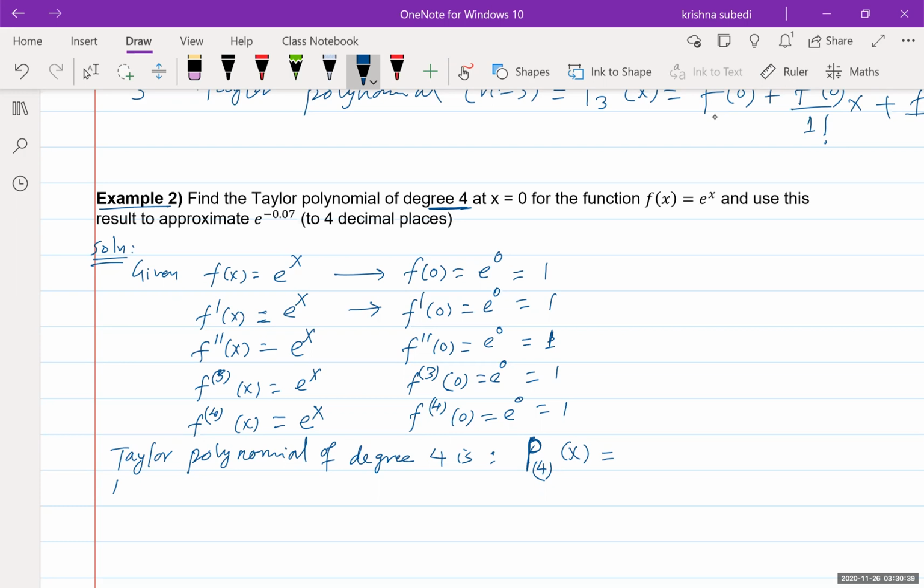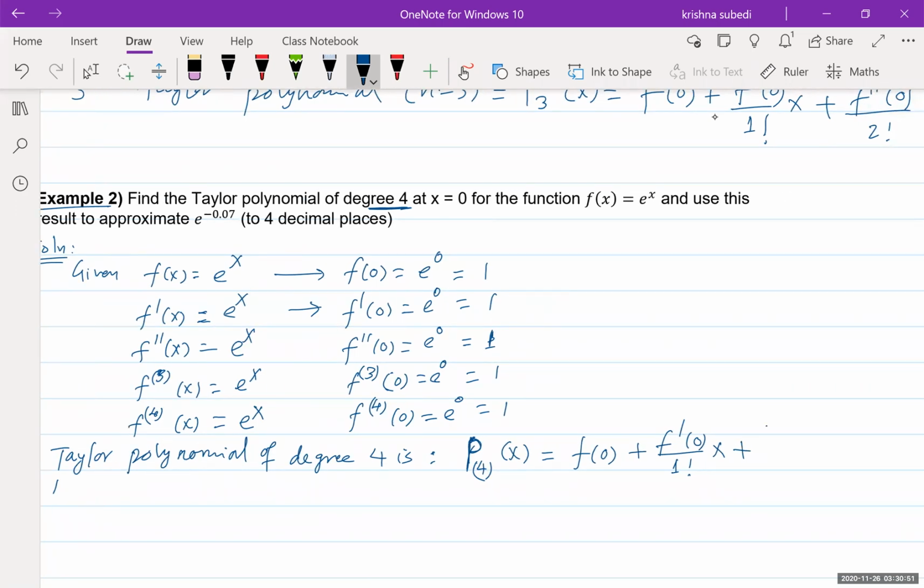Now, the first one is f of 0 plus f prime of 0 over factorial 1 x plus, and so on.